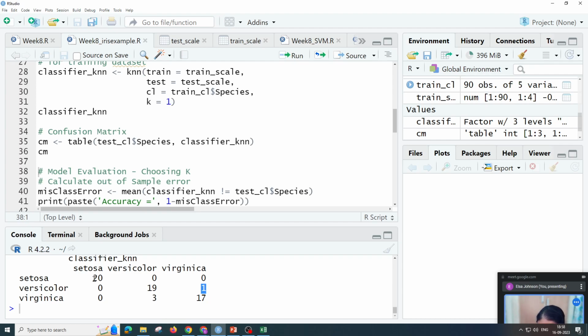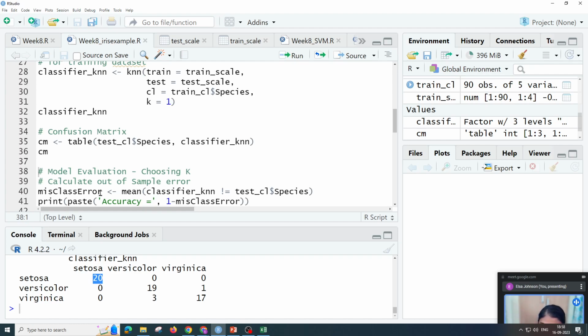When you are calculating the accuracy, you have to look at the main diagonal and add the sum of the diagonal elements, 20 plus 19 plus 17, divided by the total number, which will give you the accuracy. That itself we will see here.